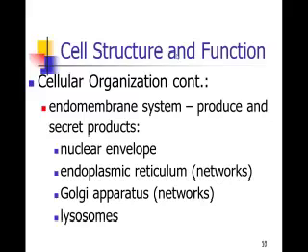Lysosomes are packages of mostly enzymes that are used to break down materials. And then vesicles. A vesicle is a generic structure, sort of like a little balloon that has material inside of it, and the material is determined by whatever the endoplasmic reticulum formed and the Golgi complex packaged for us.